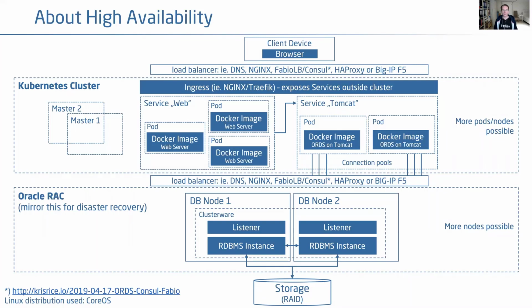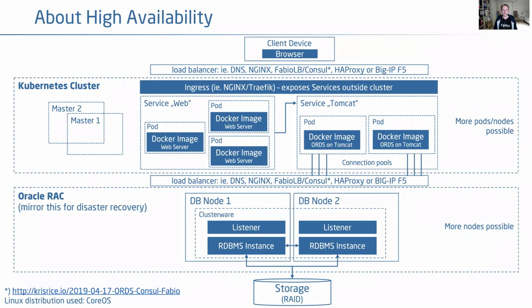So when we have a look at the Kubernetes cluster, Docker, I assume you're already familiar with that. Roel Hartman did some great presentations on Docker already, so I suggest you have a look at that. The nice thing with Docker is you can run various kinds of services in there, and you can bundle them together as one service that is made highly available by Kubernetes.